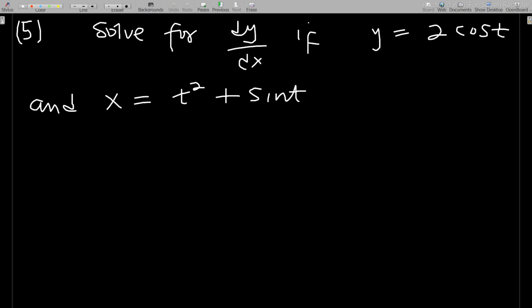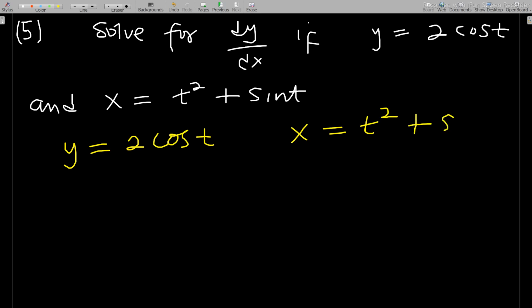Now let's move on to the next one. We have y equal to 2 cos t, and x equal to t² + sin t.